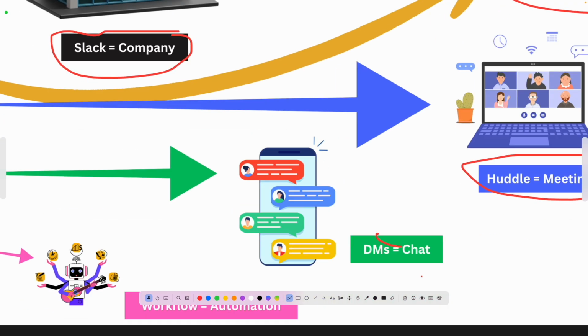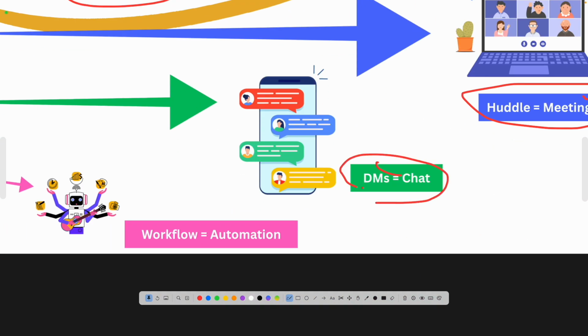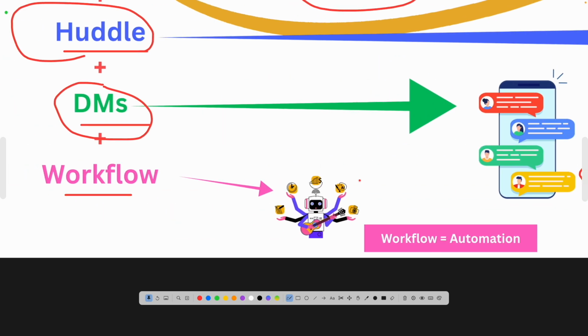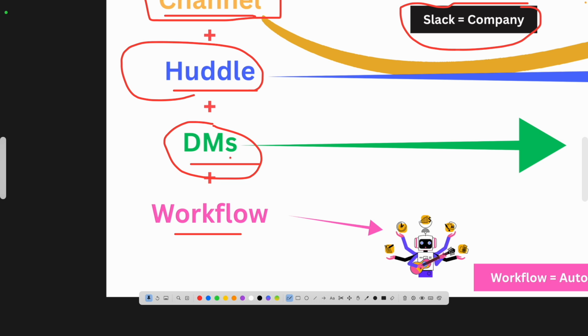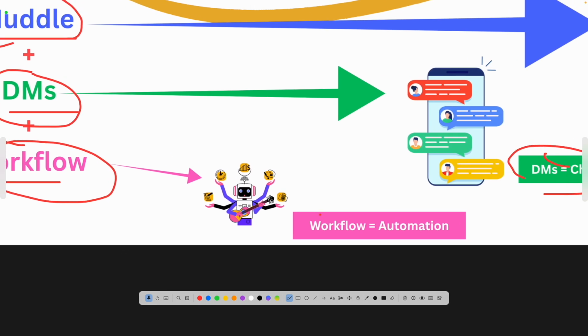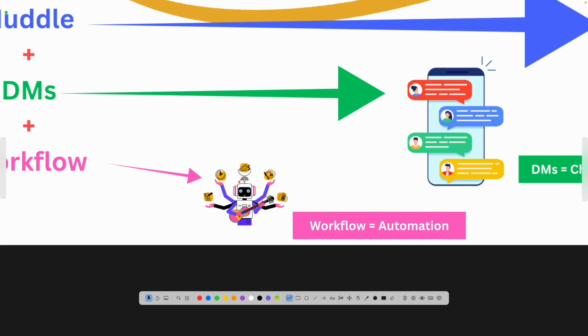So DMs equals chat, like we have in WhatsApp. We share files and images while chatting. That chat functionality is also available in Slack. And the last one is workflow, meaning automation. Slack also allows you to do some basic inbuilt automation.